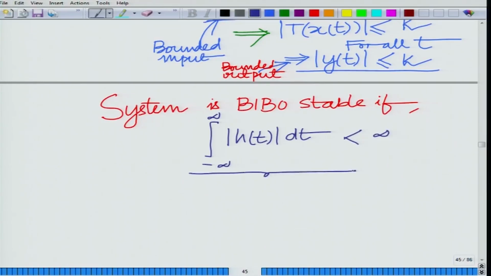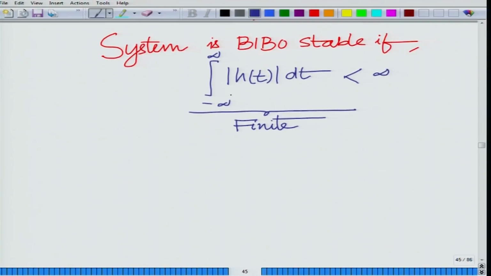That is to say, this quantity does not blow up, it is finite.